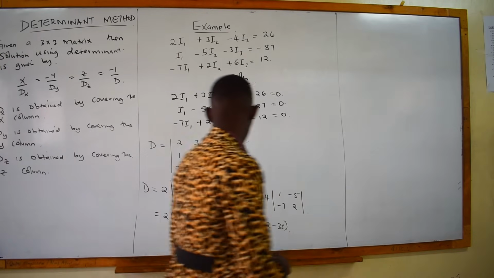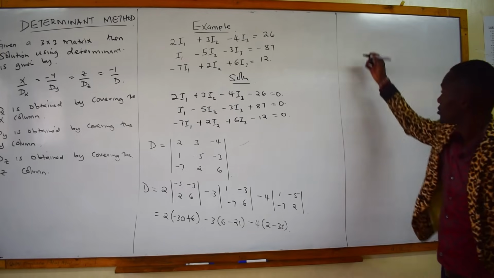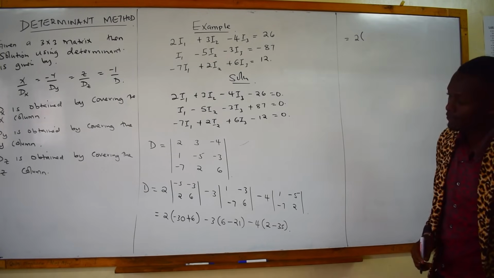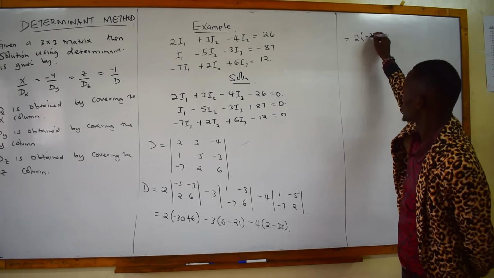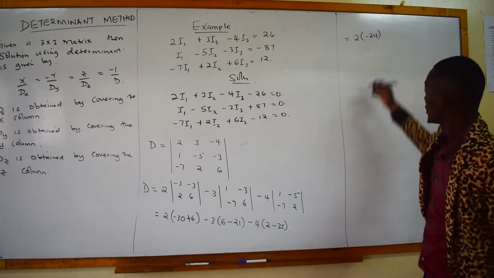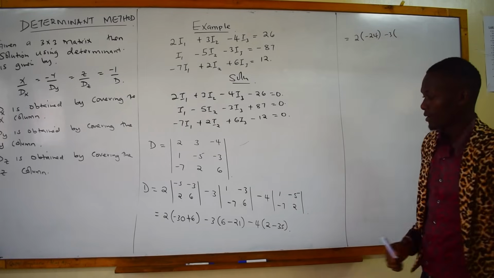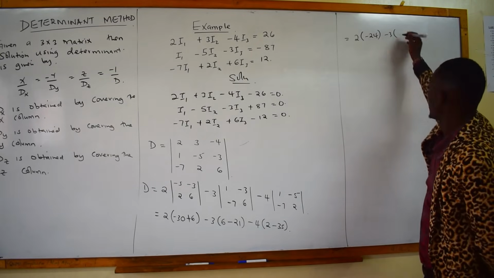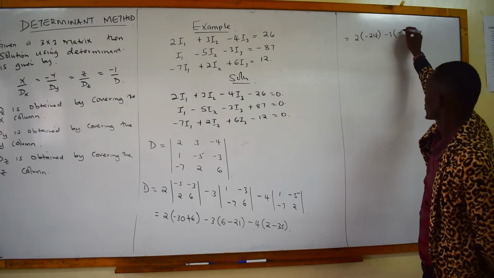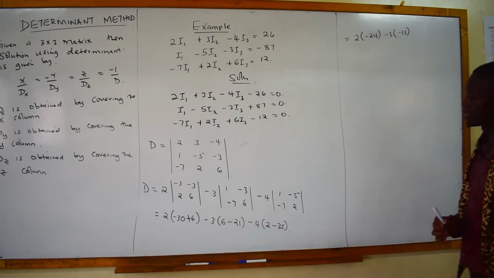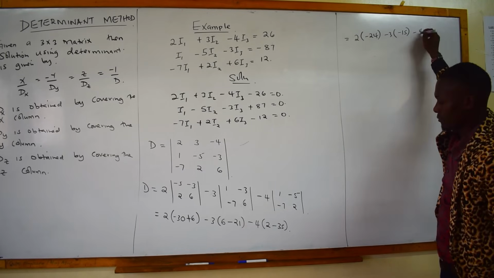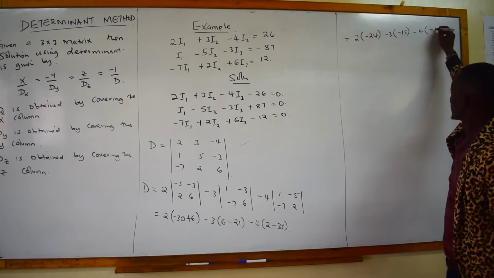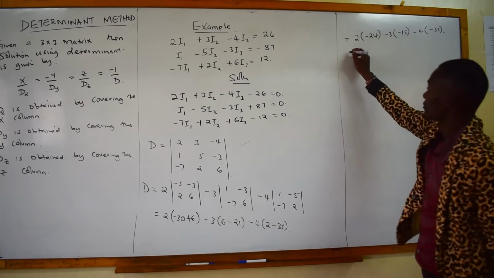Now opening up the brackets, we shall have 2 times negative 30 plus 6, which gives you negative 24. Then you have negative 3 times 6 minus 21, which gives you negative 15. Then you have negative 4 times 2 minus 35, which gives you negative 33.